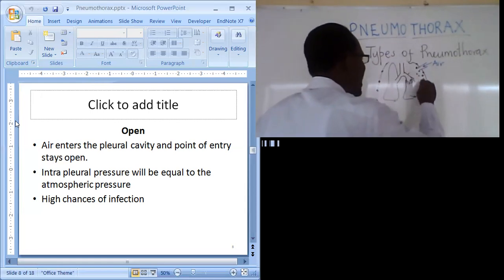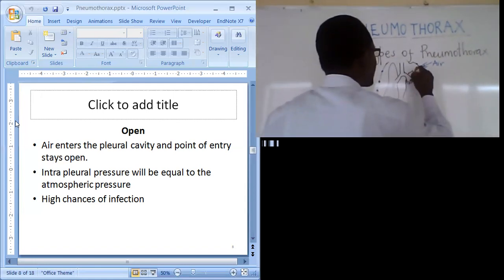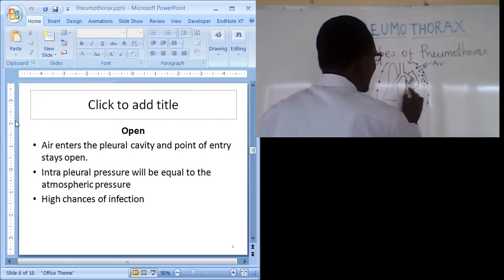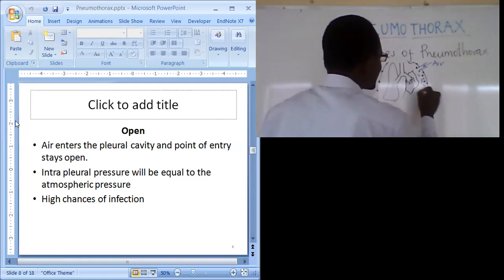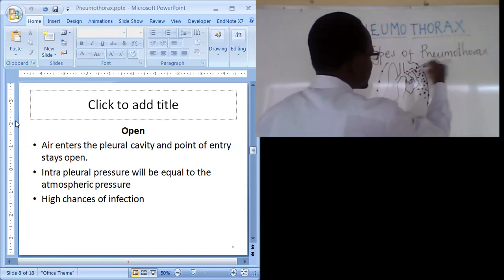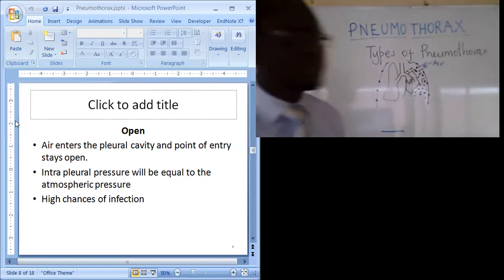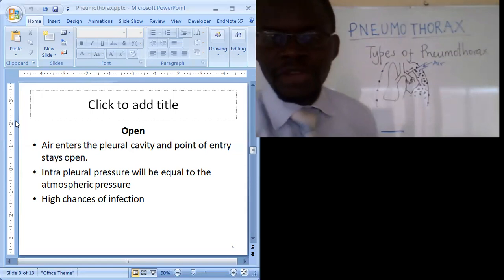You have this lung collapsing, and you have air accumulating within the pleural space because of this open point of entry.